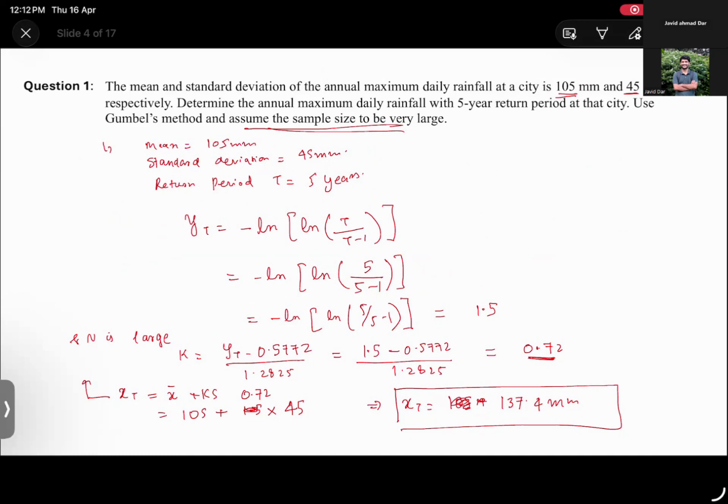Any doubts? If not, then we can start with the confidence interval and standard error in frequency estimates. In the previous problems, we were trying to calculate the frequency estimate, whether it was a return period or a discharge associated with the return period.